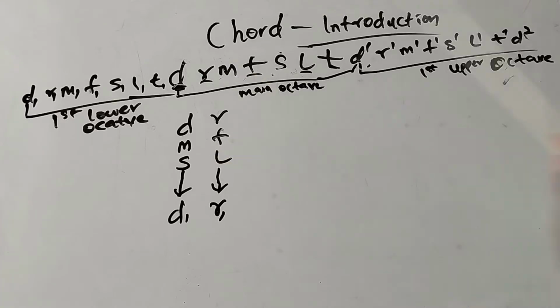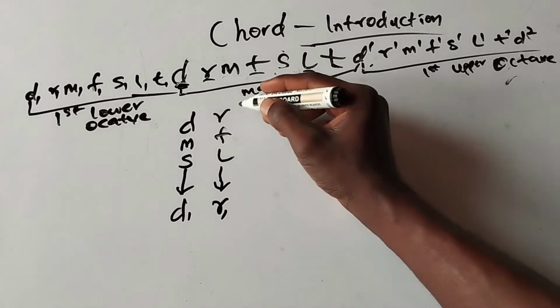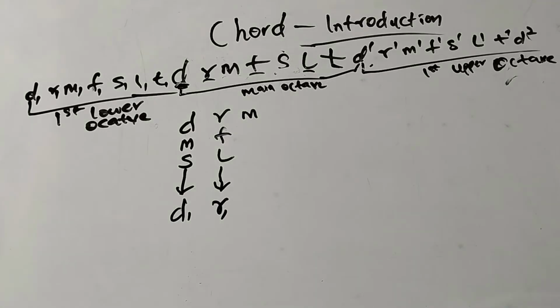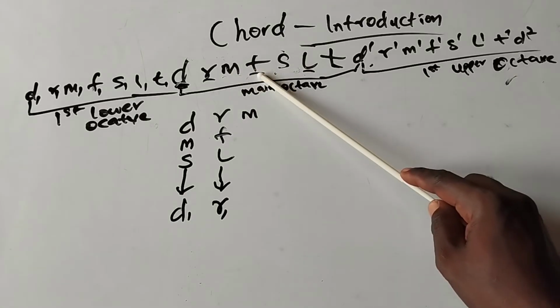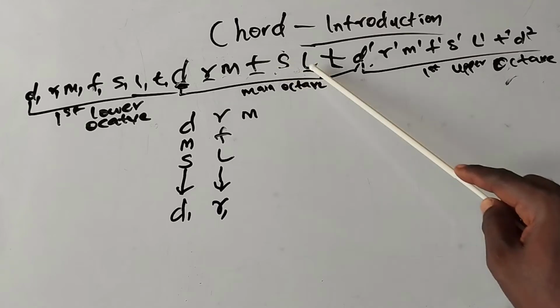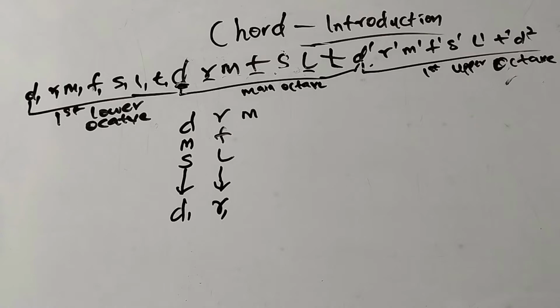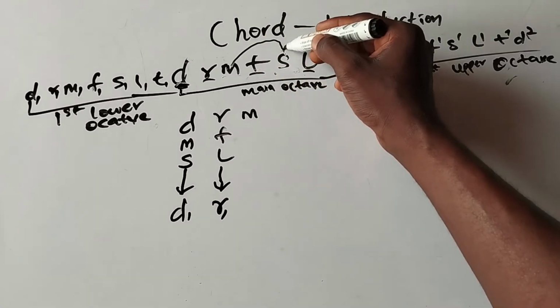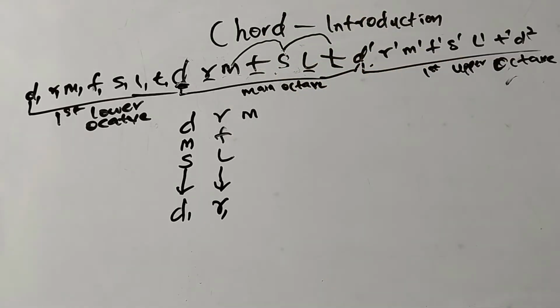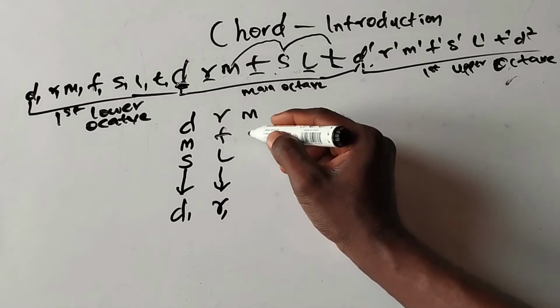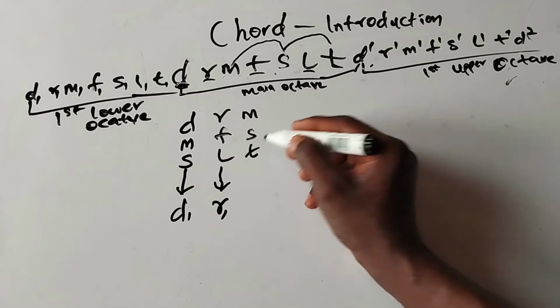Then the next one is mi chord. How do you guess? You can start guessing how to do it now. Mi, you leave this one, touch this one, leave the next one. So it will now be mi, sol, and ti. Mi, jump the next one, sol, jump the next one, ti. Hope you are understanding. So it will now be mi, sol, ti.